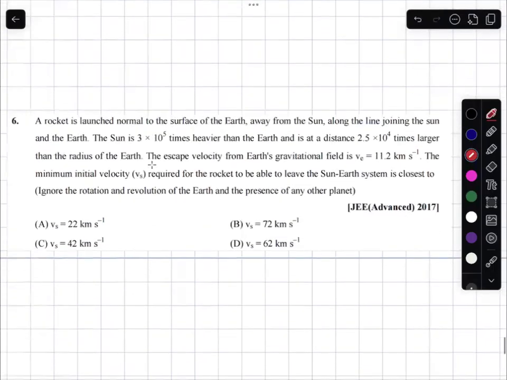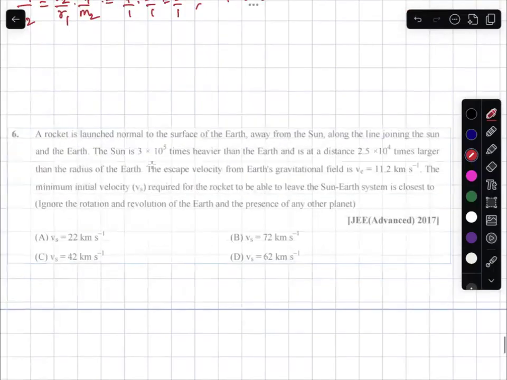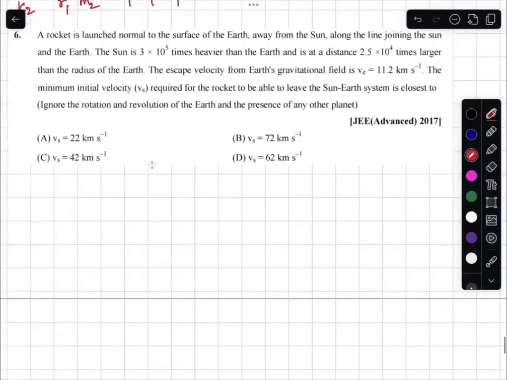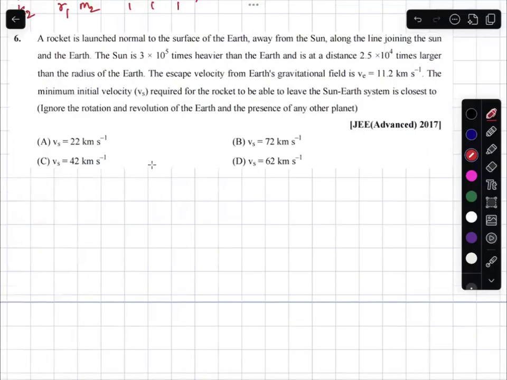Question number 6. Everyone try to go through the question carefully. A rocket is launched normal to the surface of the earth, away from the sun, along the line joining the sun and the earth.